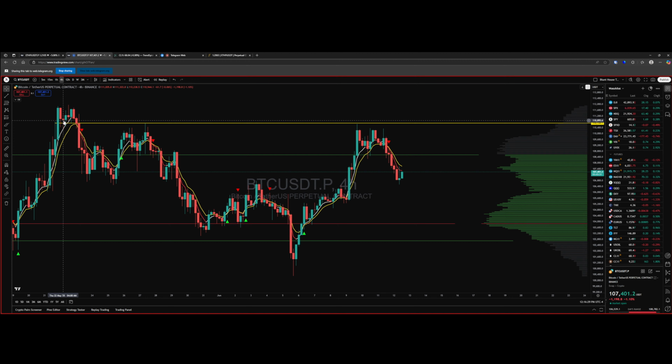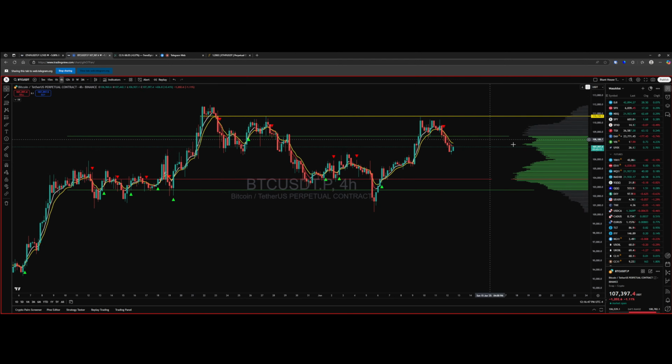All right, so that wick and the pullback tells me that maybe there's a bit of a fade going on, but where does price fade to? Well, the upper value range. We talked about that, and we found it. And if you don't hold it and you fail at one level, you find the next. What did we find? The point of control, the POC, as we call it, which is this thin red line.